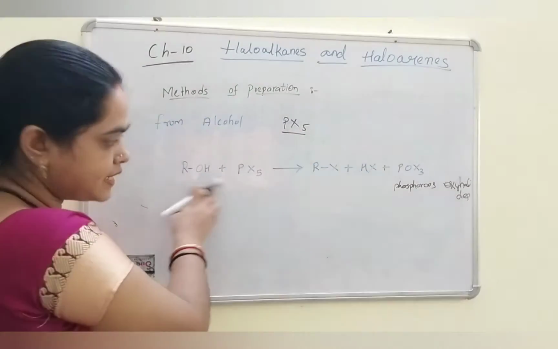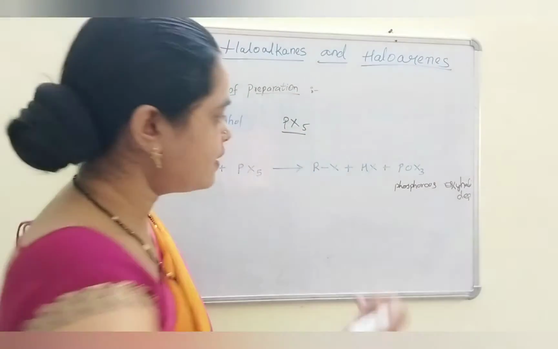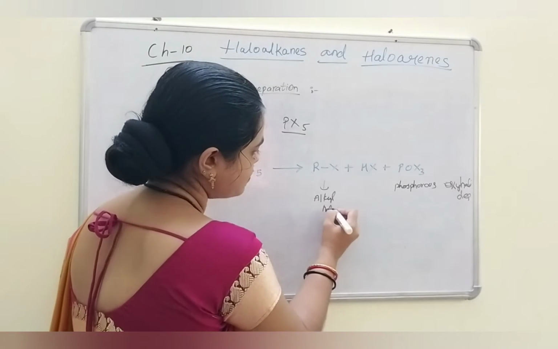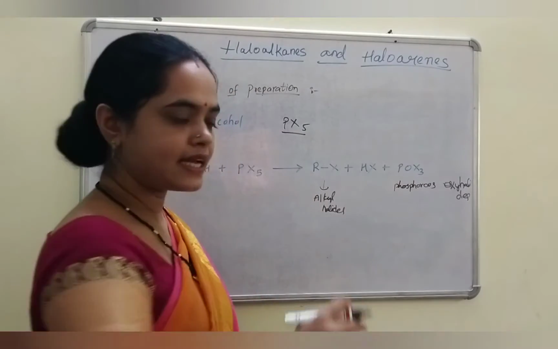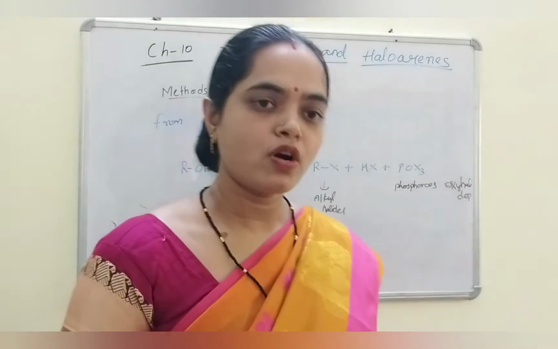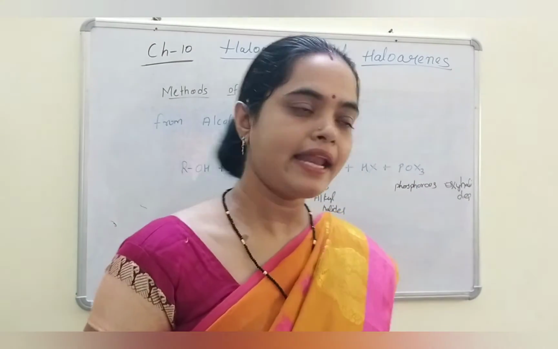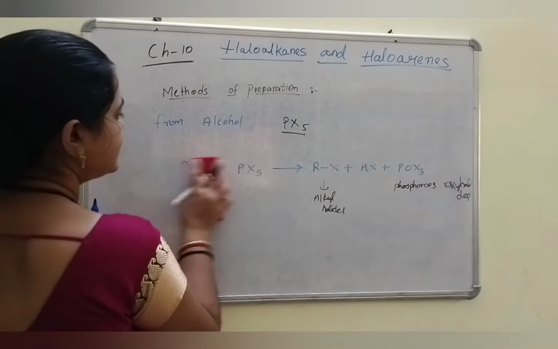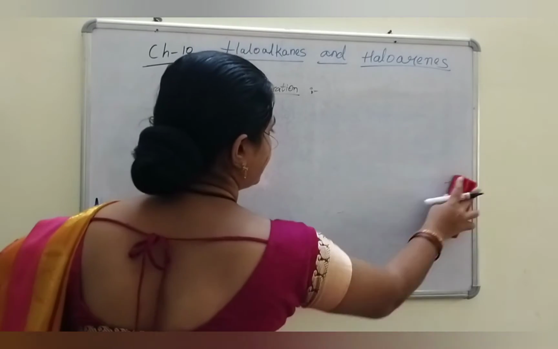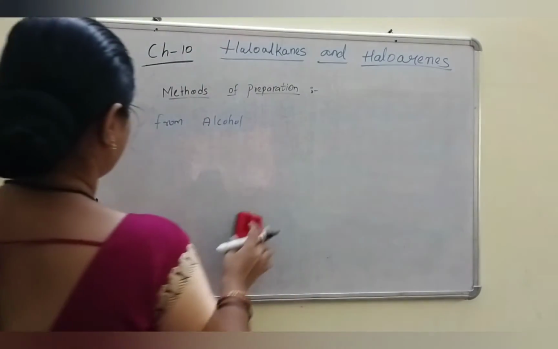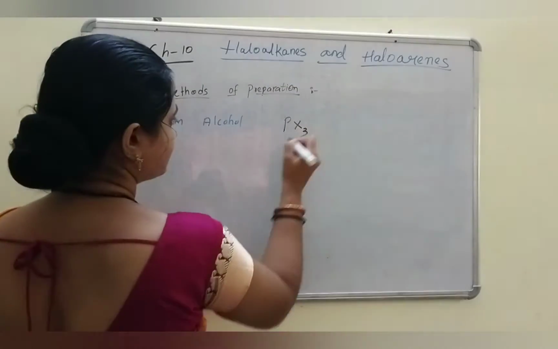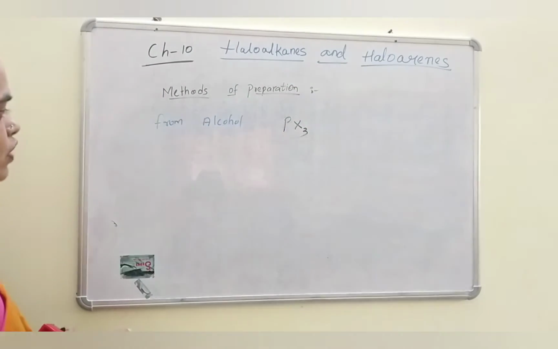When alcohols are treated with phosphorus pentachloride, they give corresponding alkyl halides, hydrogen halide and phosphorus oxyhalides. When treated with phosphorus trihalides, what happens?